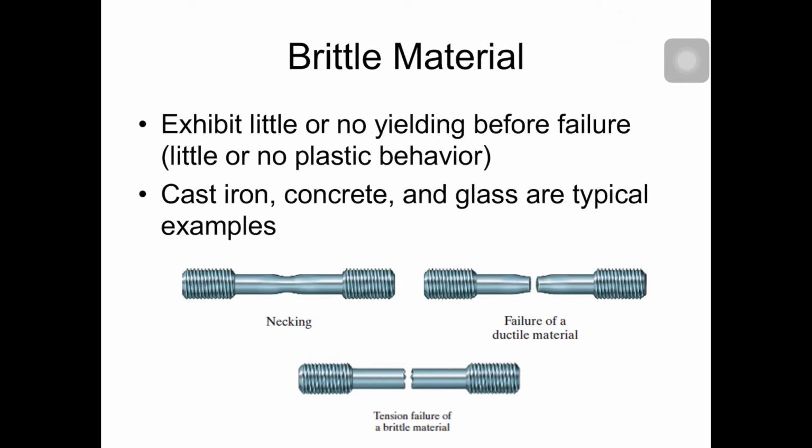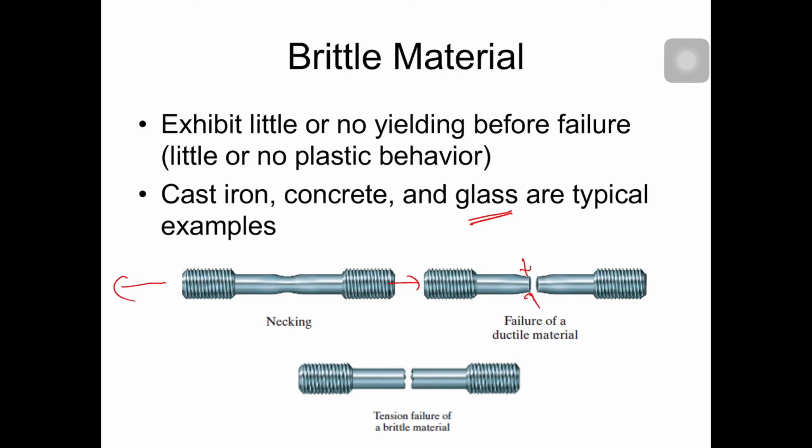Okay, brittle material exhibits little or no yielding before failure. For example, cast iron, concrete, glass are typical examples. You have glass, it's brittle. In Malay, rapuh. Okay, rapuh, brittle. For ductile material, you have some necking here.